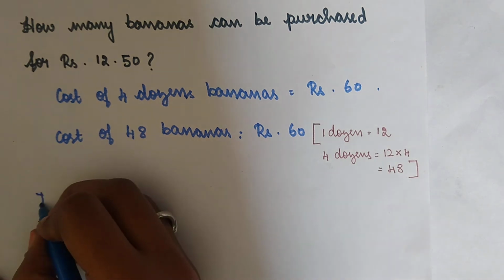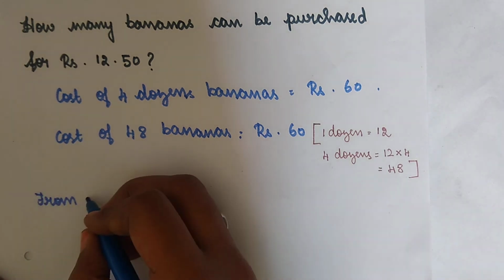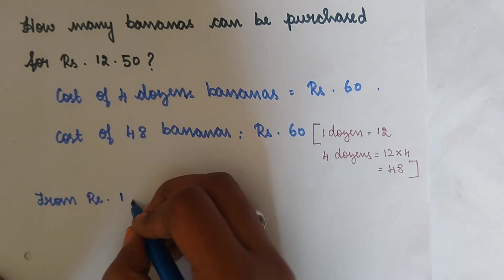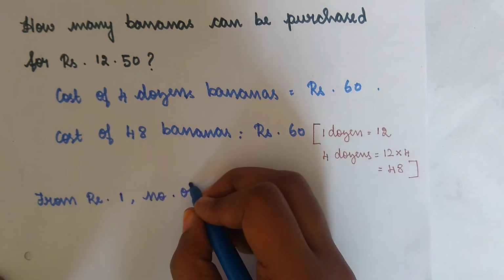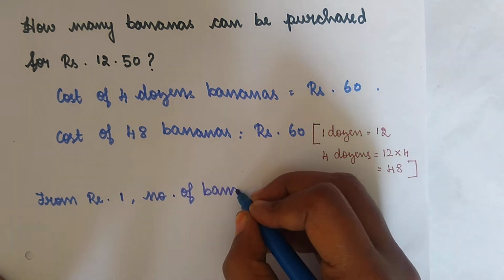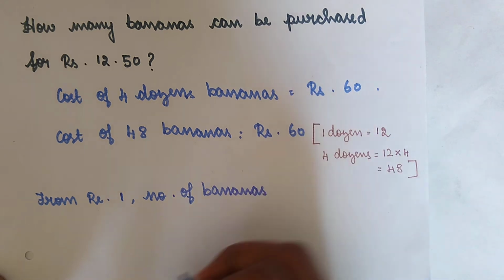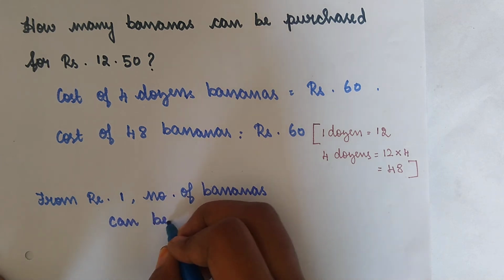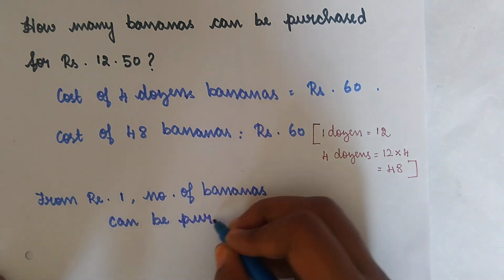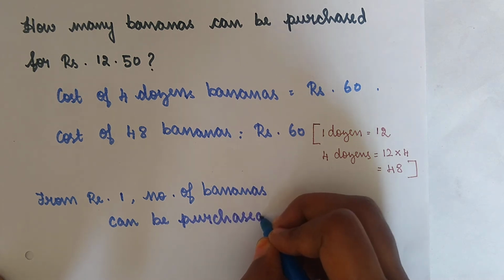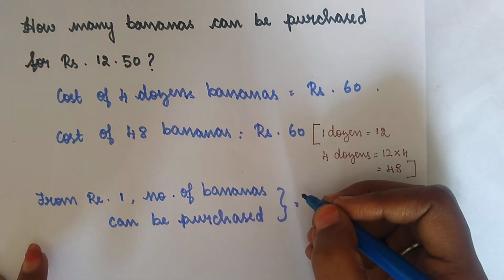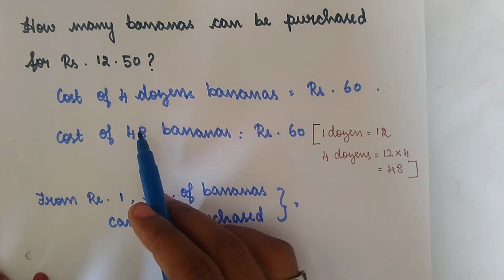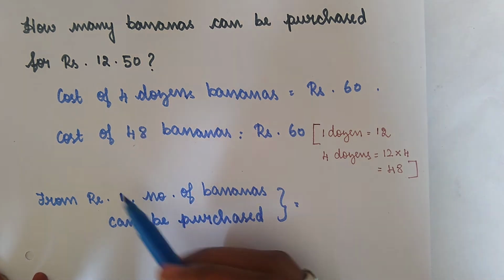So we have to write, from rupee 1 the number of bananas that can be purchased equal to, from rupees 60 the number of bananas that can be purchased, how many? 48 bananas.